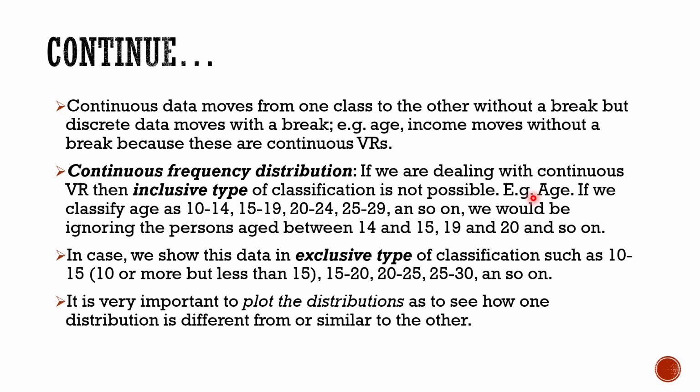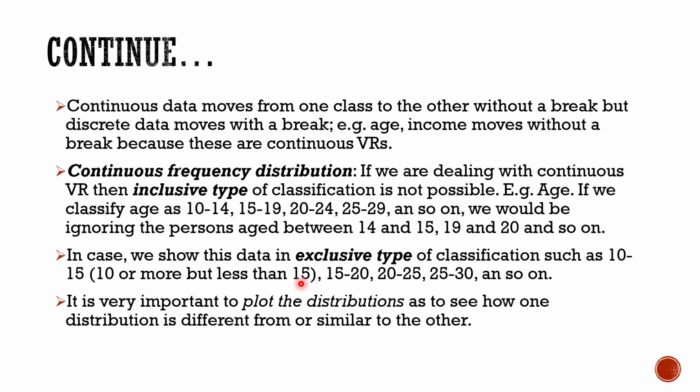Because, for example, if we have age data, then classifying the age as 10 to 14, 15 to 19, and so on, we would be ignoring the persons aged between 14 and 15, 19 and 20, 24 and 25, and so on. So in this case, we would need an exclusive type of classification such as 10 to 15, 15 to 20, 20 to 25, and so on.